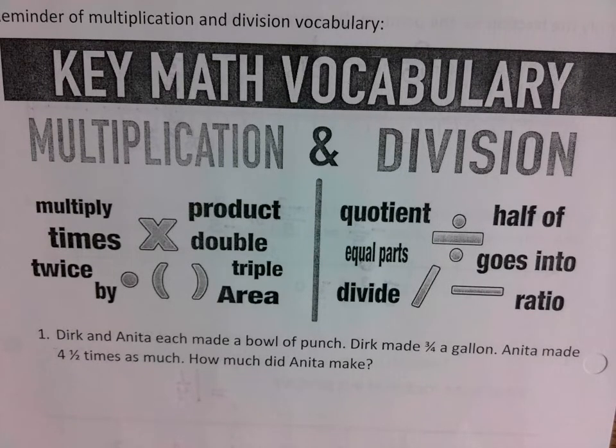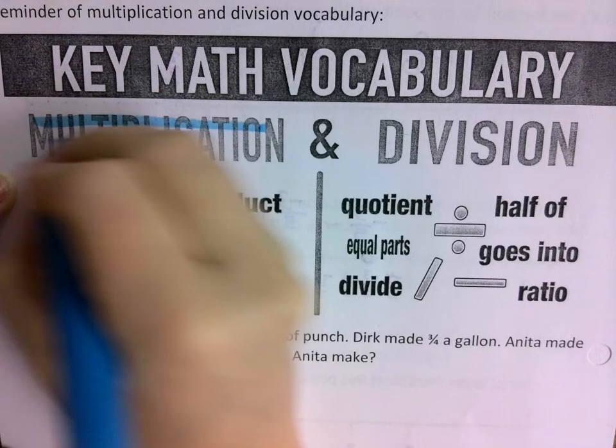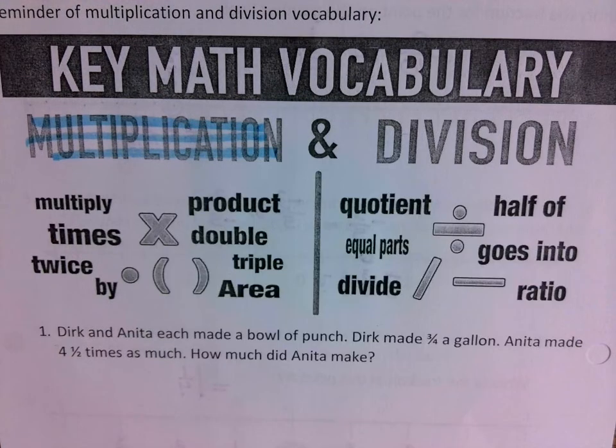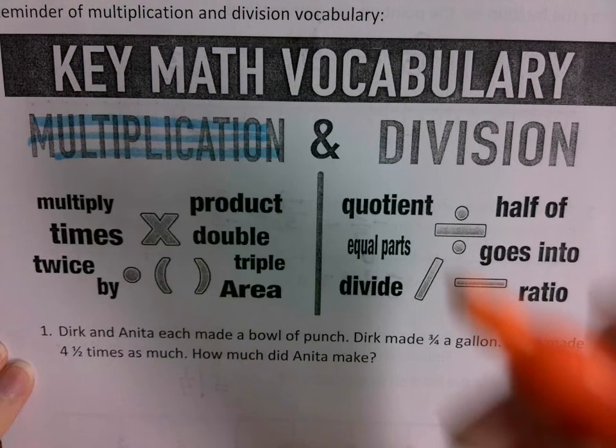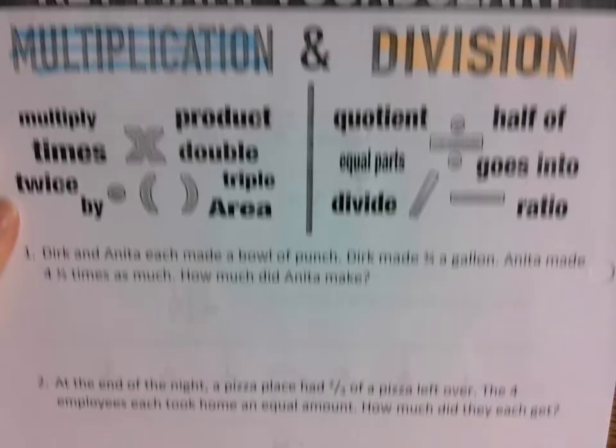All right, so multiplication terms, we want to identify whether a vocabulary term will be multiplying, or whether the problem will have us doing multiplication or is the problem going to have us doing division. Okay, and we're doing this with fractions and with decimals, those rational numbers. We already did it with integers. Now we're going to do it with some rational numbers. It's the same process, the same idea.